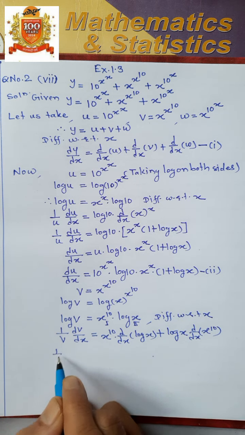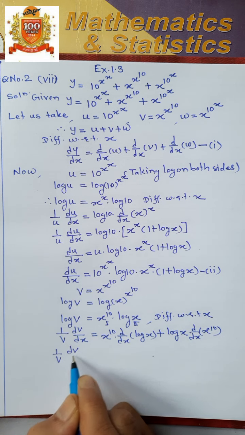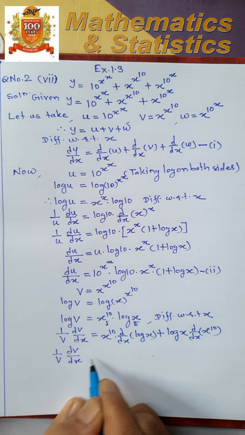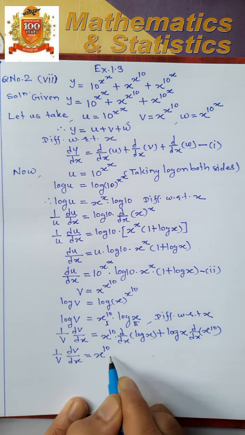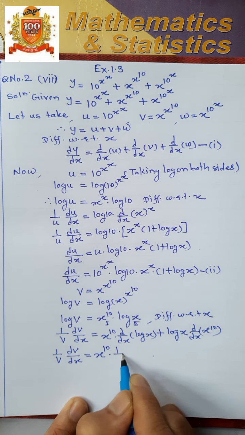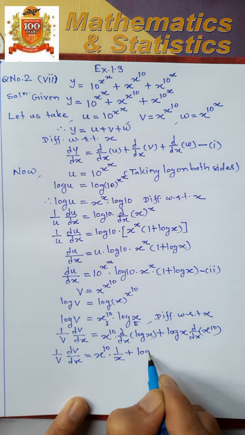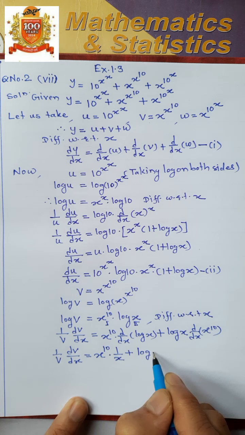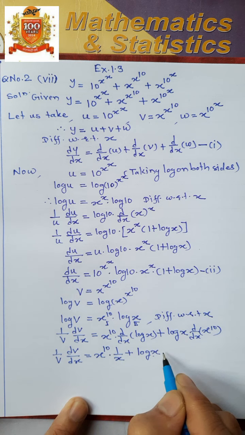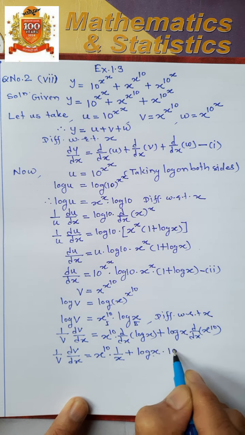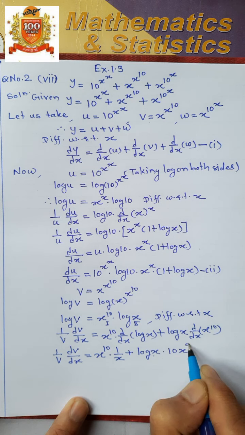Therefore 1 upon v dv by dx is equal to x raised to power 10 into 1 upon x plus log of x into 10 into x raised to power 9.